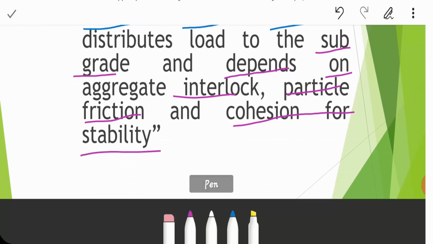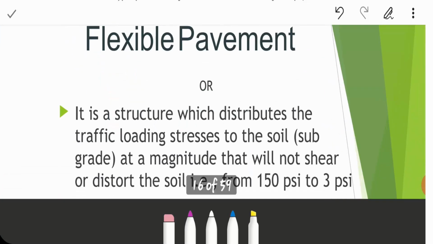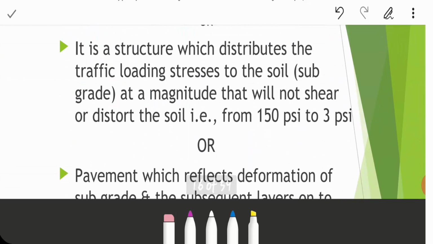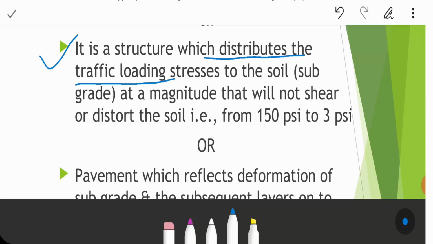In other words, it is a structure which distributes the traffic loading stress to the soil, which is the subgrade, at a magnitude that will not shear or distort the soil, that is from 150 psi to 3 psi.